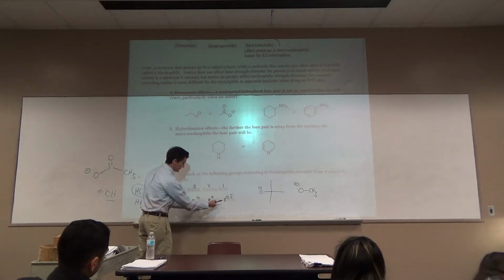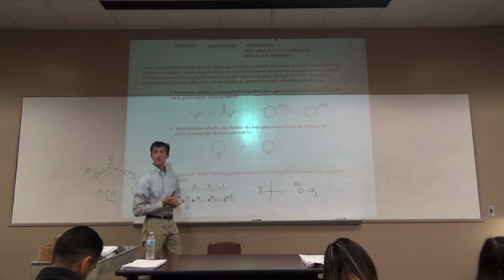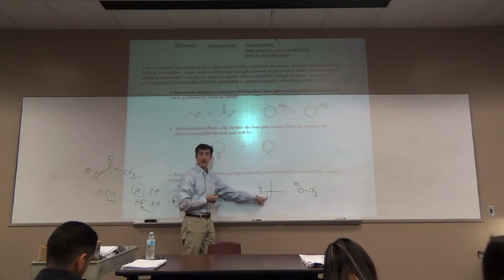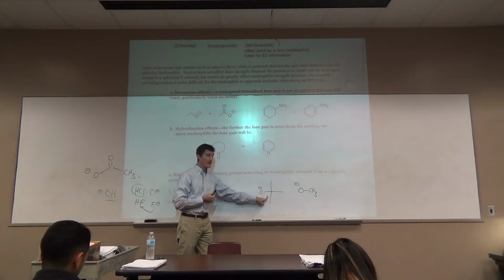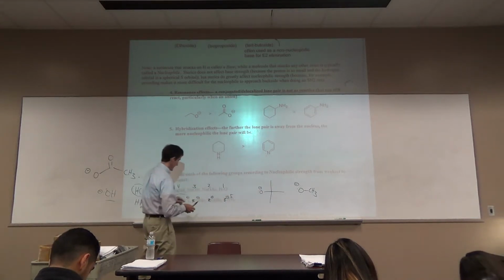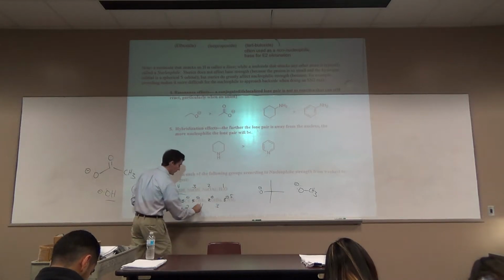Okay, how about these two? Which is worse? What's the worst nucleophile here? Yes, tert-butyl. Why? Sterics. Sterics makes this worse than that. Otherwise, they're the same, O minus. So 1, 2, 3, 4, 5.